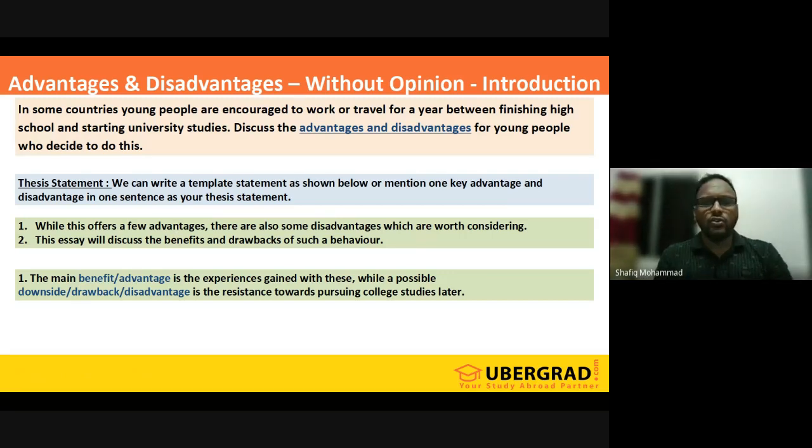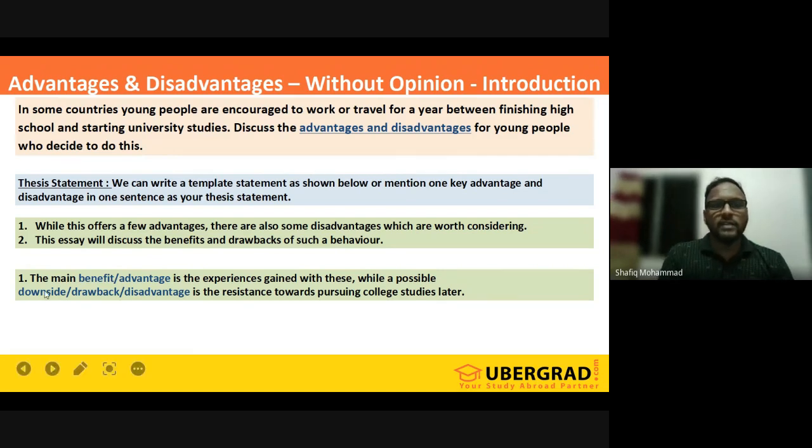Yesterday, those who were there, the variation in the words, that's what the examiner likes. If you always use advantages, disadvantages, it won't look good. So use a variation of vocabulary. Okay, benefits, pros. For disadvantages, you can use drawbacks, cons. Okay, these kinds of things.